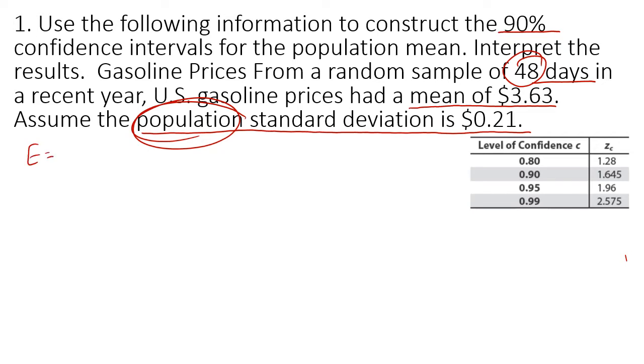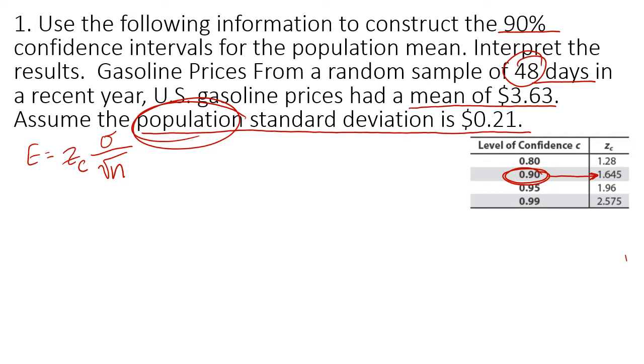So our formula for our margin of error is going to be the z from our normal distribution that goes to our level of confidence times the population standard deviation divided by the square root of n. So here we're doing a 90% confidence interval, and this comes from the bottom corner of our normal distribution table, and so it helps us be able to find it more easily.